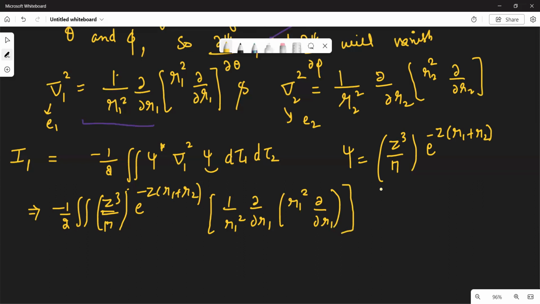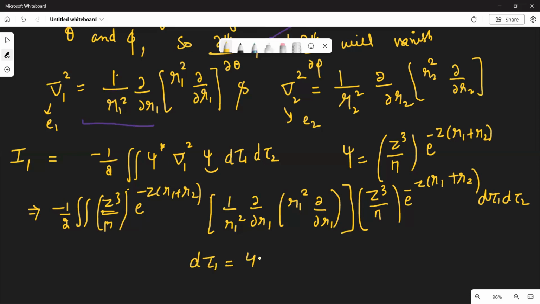Psi is Z cube by pi, e raised to power minus Z (r1 plus r2), then d tau 1 and d tau 2. So students, here we know d tau 1 and d tau 2 are the volume integrals over the whole space, and we know in polar coordinates d tau 1 equals 4 pi r1 square dr1, and d tau 2 is equal to 4 pi r2 square dr2.